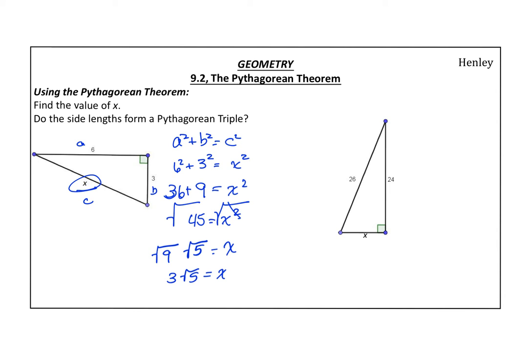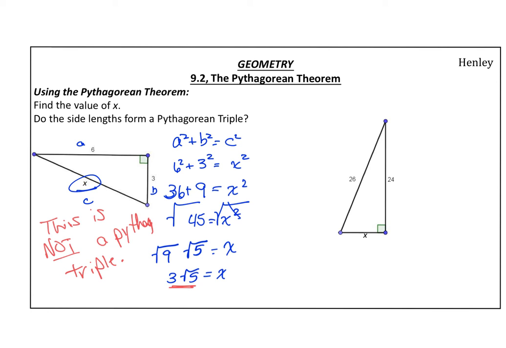Now that we've established what our side C is, we can say this is not a Pythagorean triple. And it's not because C is not an integer. Pause the video and do the next one on your own to determine if it is a Pythagorean triple.